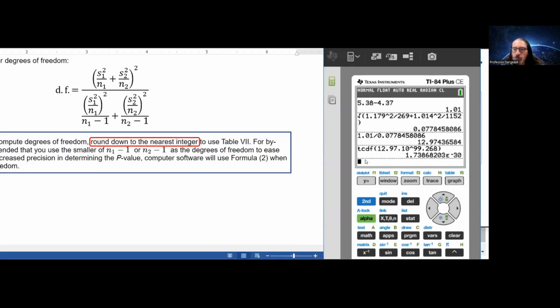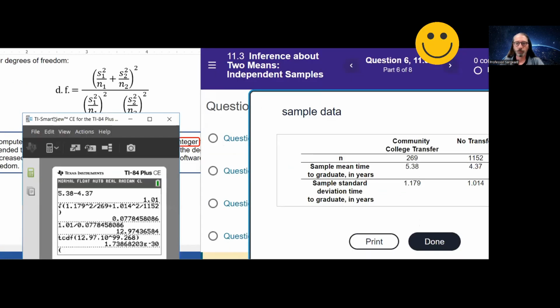So it's going to take careful use of parentheses. Sample standard deviation from the first, squared, divided by sample size, plus sample standard deviation of the second, squared, divided by its sample size.